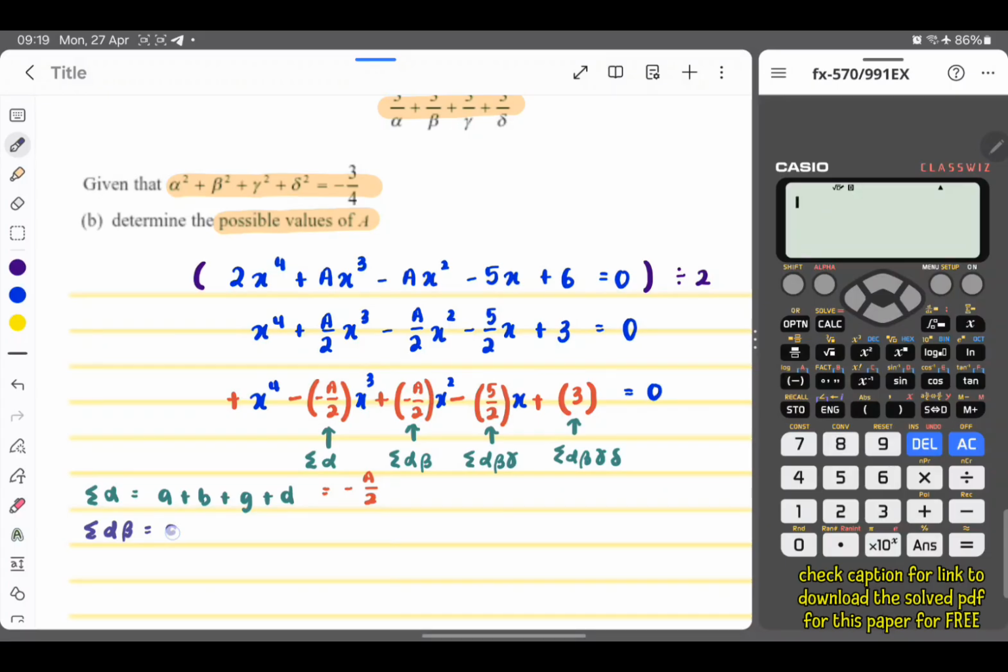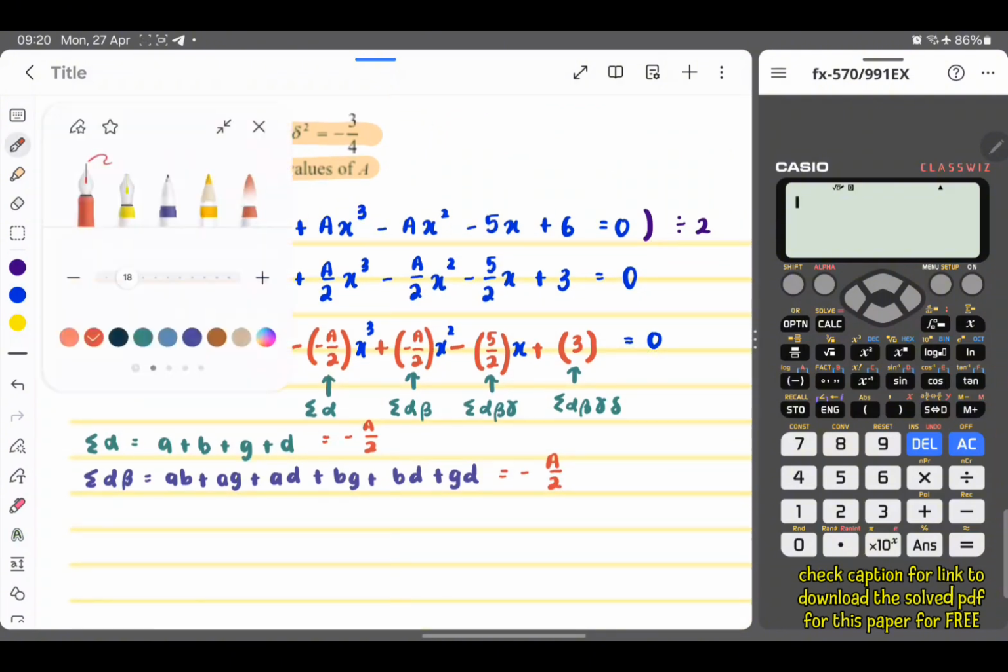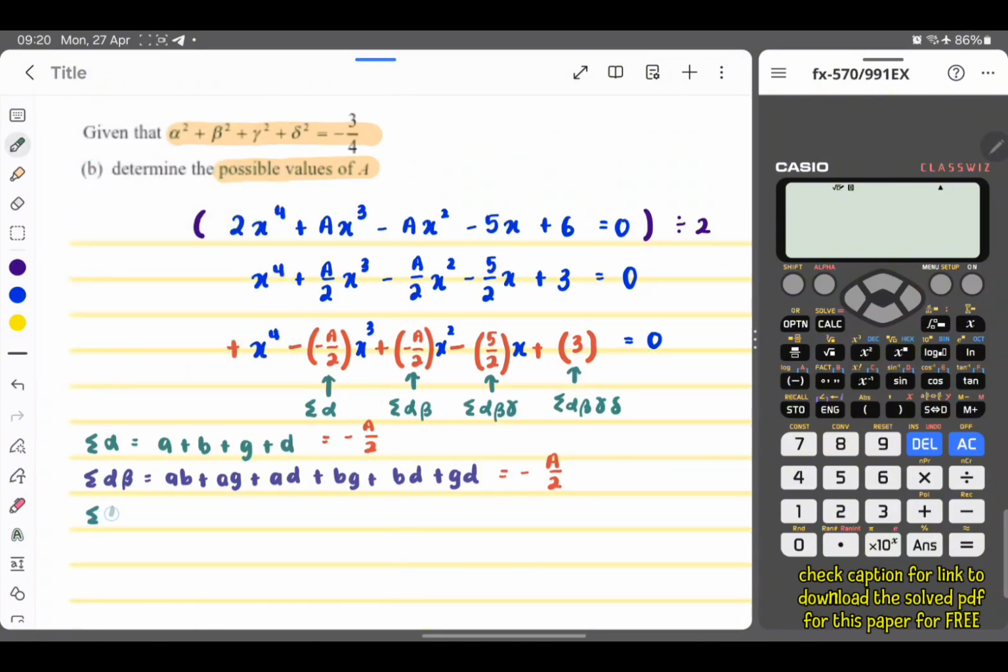Second one, summation of 2 roots. So that will be AB plus AG plus AD plus BG plus BD plus GD. This is equal to the second value, negative a over 2. Next one, summation of product of 3 roots. This is equal to ABG plus ABD plus BGD.